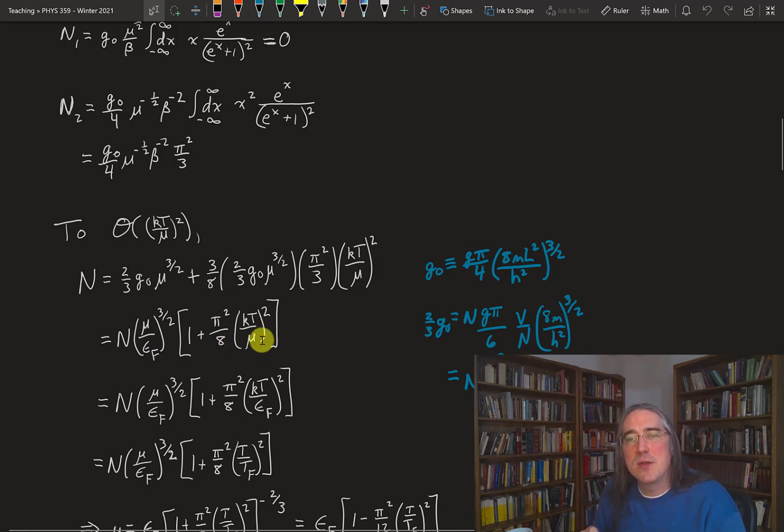But we don't need to do that because this term already is of order kT over mu squared, which means we can use the 0 order approximation to mu and we won't mess anything up. So you can think, if I tried to put in a full expression for mu, it'd be like mu0 plus mu2 times kT over mu squared.